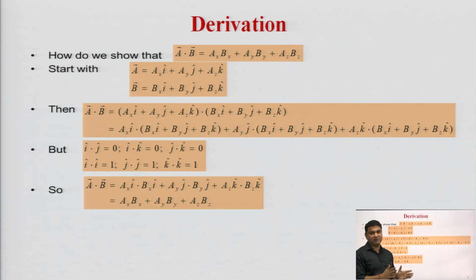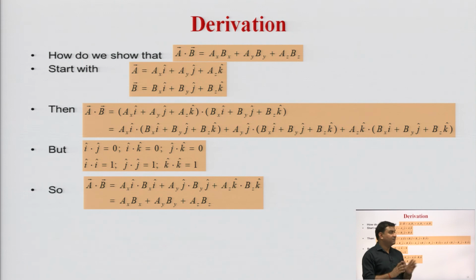All the notations and all the mathematical analysis are done in this slide, and this slide shows the complete phenomenon, the complete mathematical notation, the complete analysis of the dot product of two vectors.